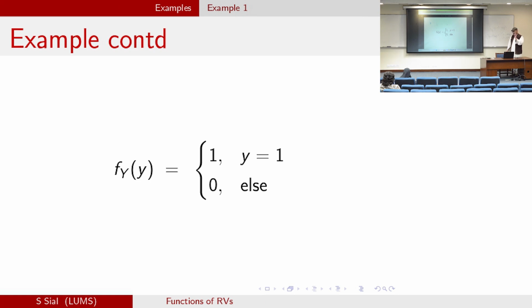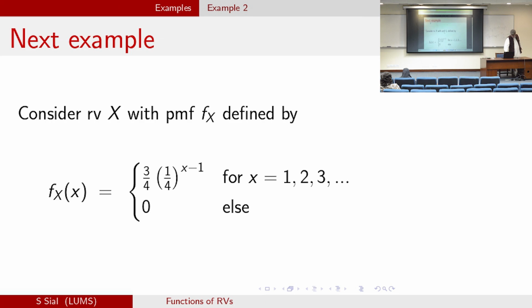Right. The PMF for a discrete random variable gives you a probability. The PDF for a continuous random variable gives you a probability density, and you have to integrate to find a probability of the random variable lying in an interval. Okay?